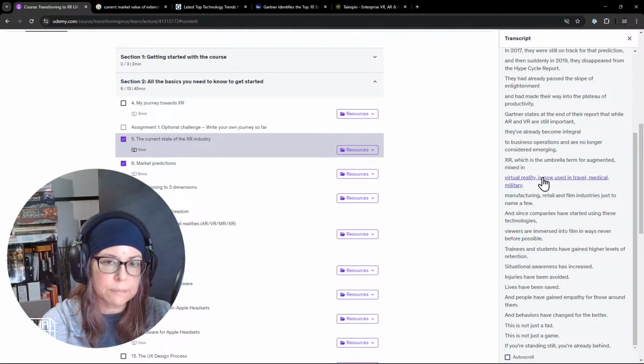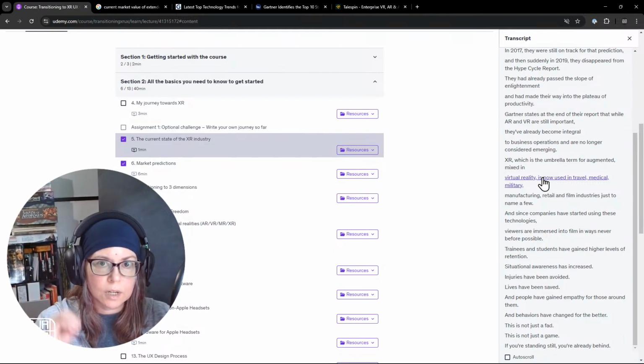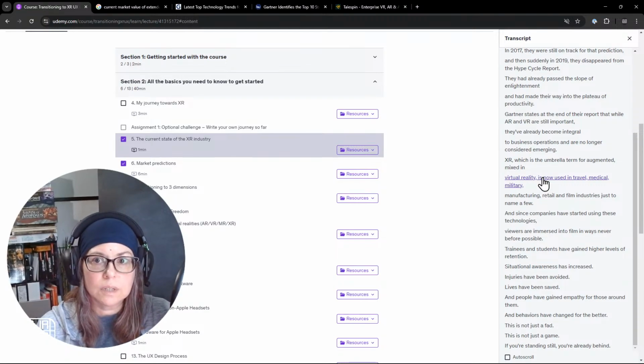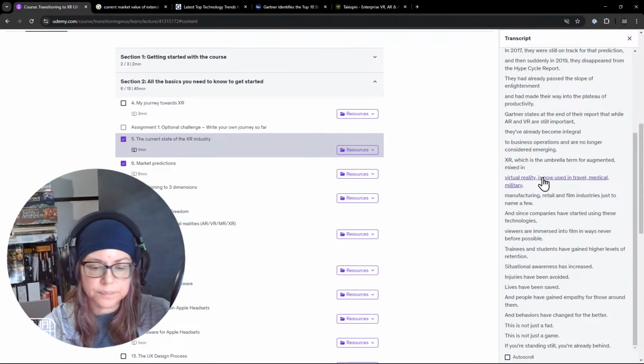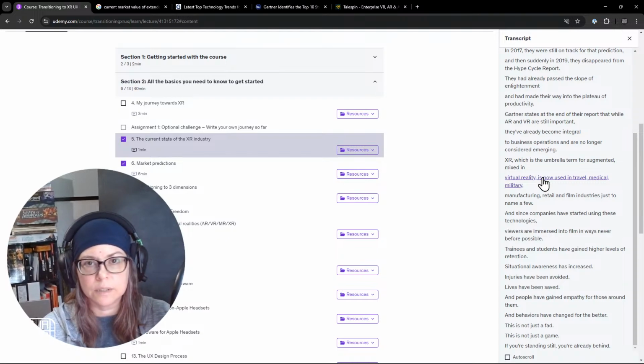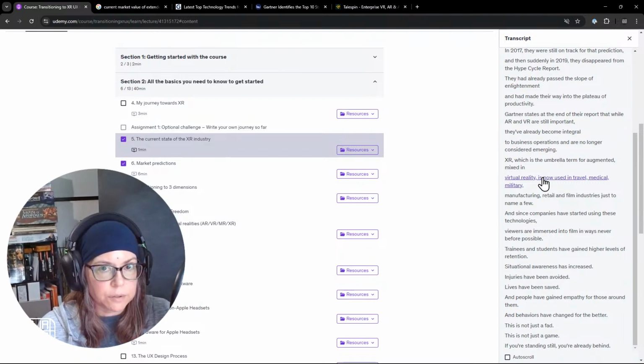But before that can happen, the form factor has to come down to eyeglass level. And right now it's just not there. It's getting there, but it's not there yet. And once it gets to that form factor, it also has to be enough value to replace a different device that I'm using, like my smartphone.